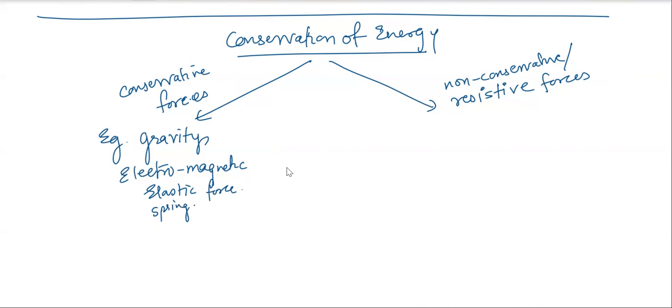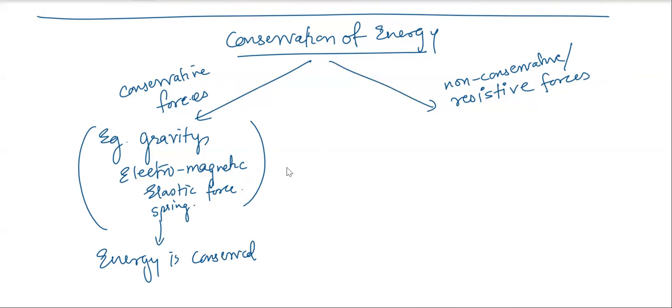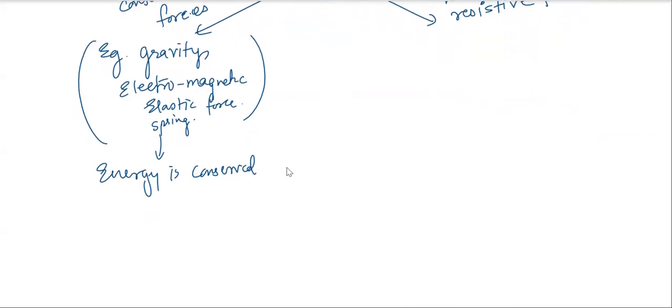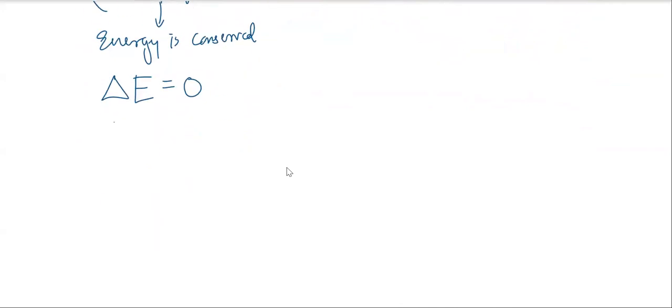So these are the forces for which the energy is conserved. It means that the total change in energy is zero. It means the initial energy will be equal to the final energy, and the initial energy is a sum of kinetic energy and potential energy.